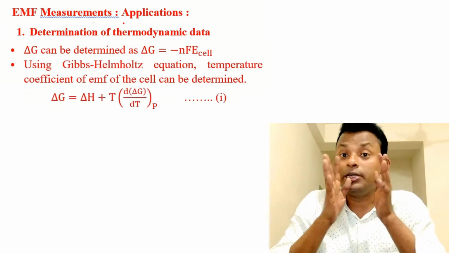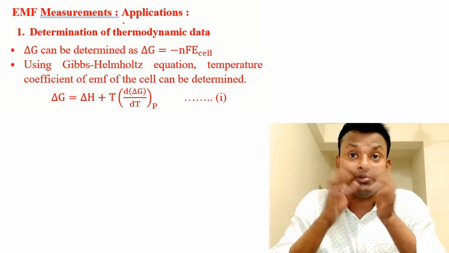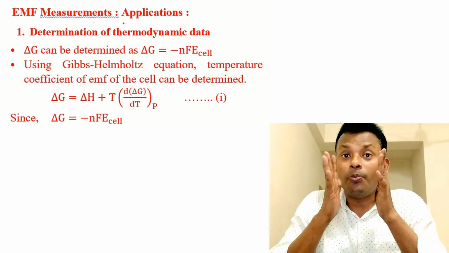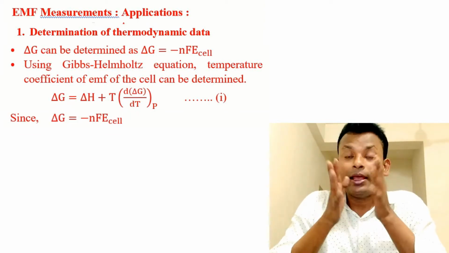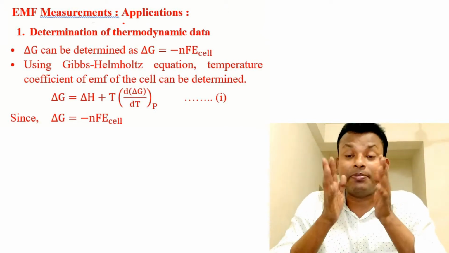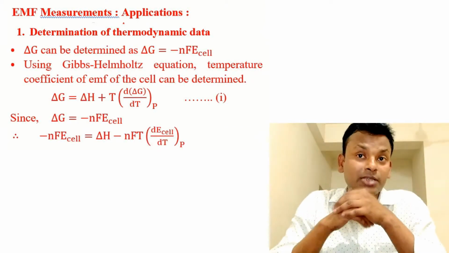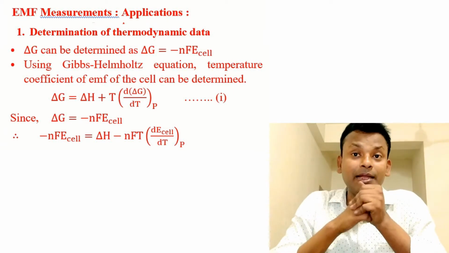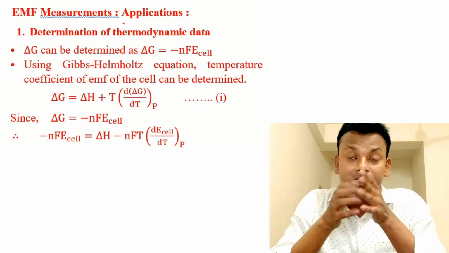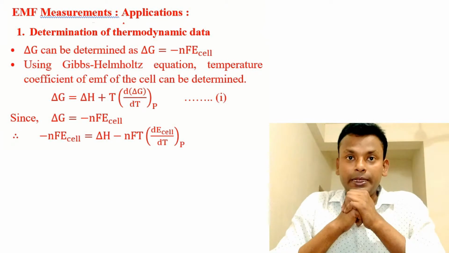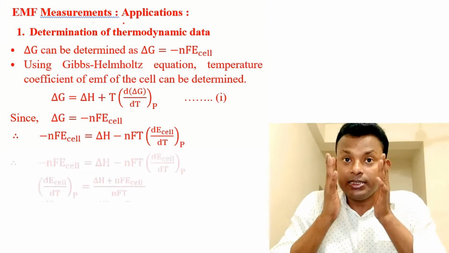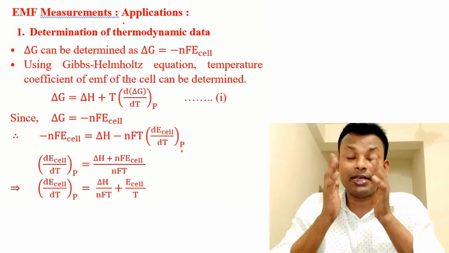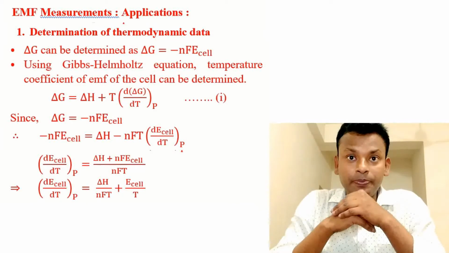Del G equals del H plus T d(del G)/dT at constant P. Since del G equals minus nF E cell, putting the value of del G in equation 1, minus nF E cell equals del H minus nFT dE cell/dT at constant P. So dE cell/dT at constant P equals del H plus nF E cell by nFT.